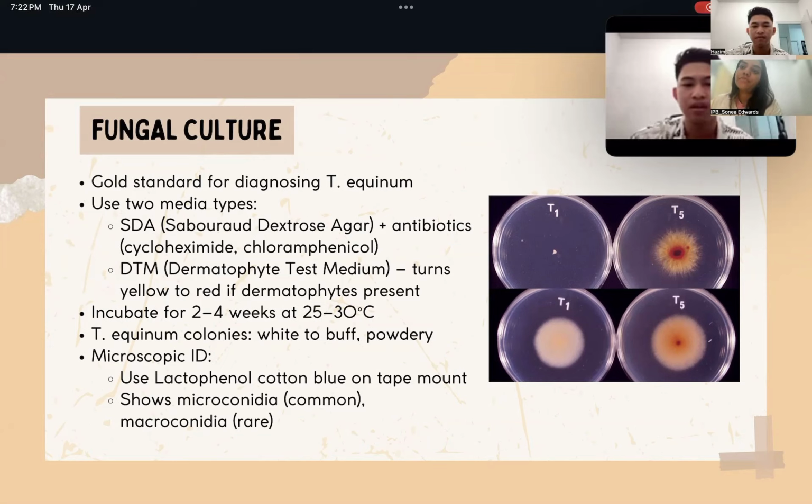Looking at the fungi under the microscope helps confirm their identity as a specific species. The lactophenol blue stain on the tape mount reveals both microconidia and macroconidia. You can see in the picture. So next I will pass to Sonia.